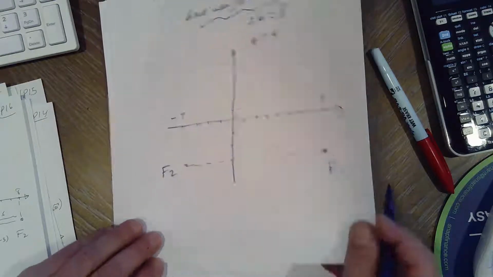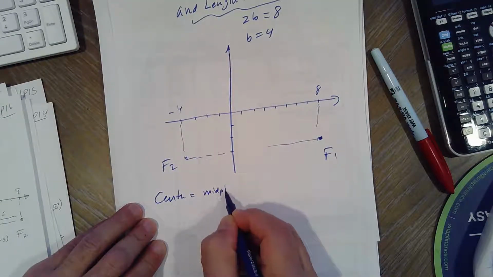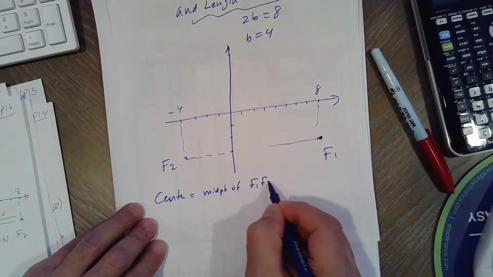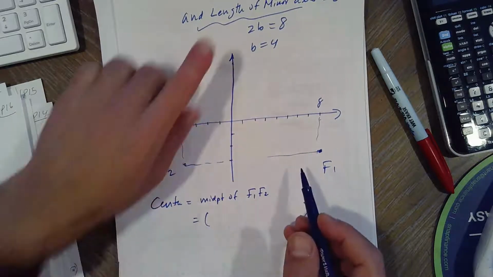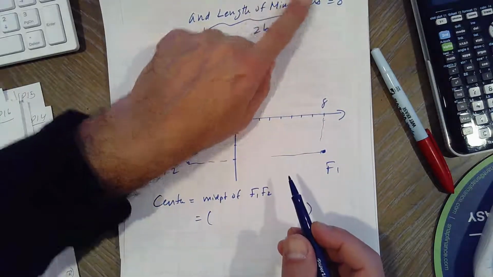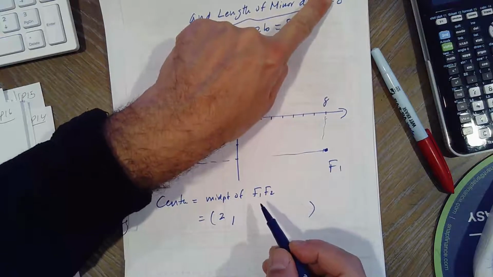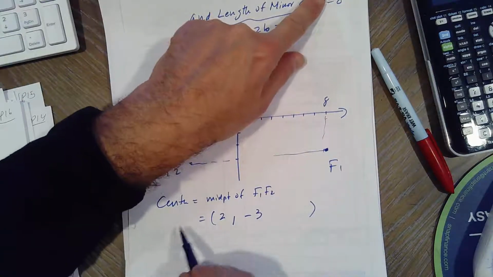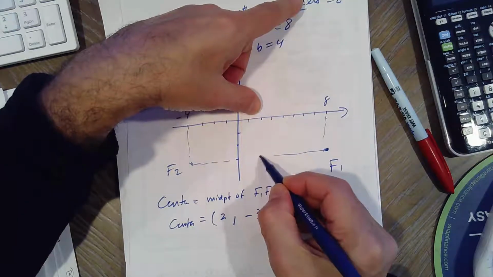The center is the midpoint of f1 and f2. You add them up, divide by 2. -4 plus 8 is 4, divided by 2 is 2. -3 plus -3 is -6, divided by 2 is -3. So the center is at 2, -3, which we could have guessed.